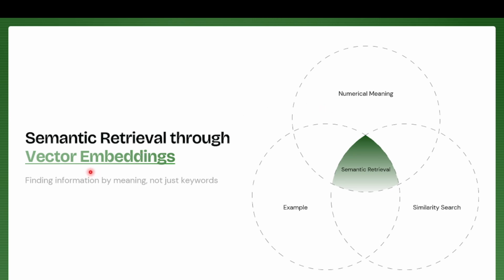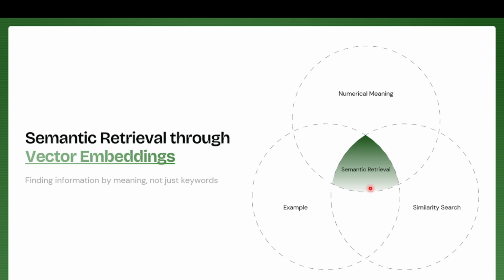So when data are embedded, they are assigned numerical meaning, numerical coordinates, maybe 3-dimensional, 4-dimensional, 5-dimensional, etc. They have a numerical number assigned to them, and the numerical number is unique to them. Then we have example. So they can also retrieve based on example, and they can also retrieve using similarity search, by searching for what is similar to the question.